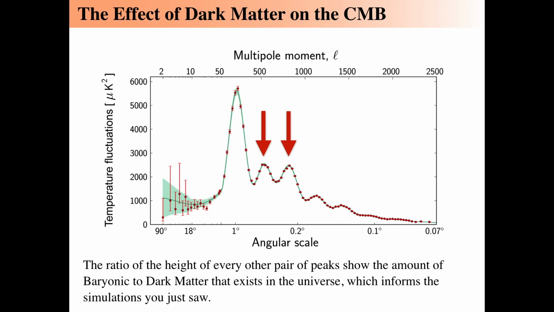The ratio of these two peaks demonstrates how much dark matter there is. If one peak is much taller than the other, then the power on one size scale is much less than the other. We can use those two measurements to give us the total amount of dark matter compared to normal matter. That's what those two peaks, and the ratio of their heights, show us.